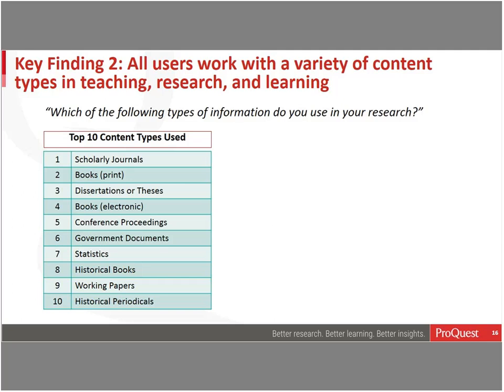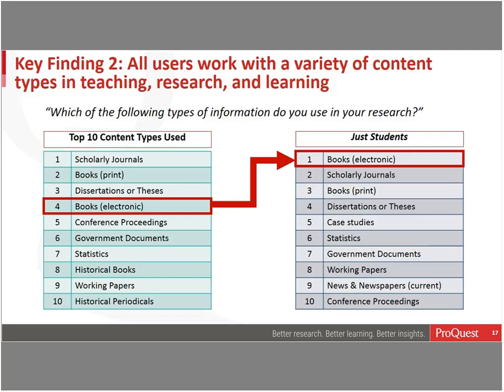We also wanted to look at differences between different groups. I mentioned we got lots of responses from students earlier on, and that was really important. So here are the most commonly used content types by students, with the differences marked out. Ebooks were the most common.